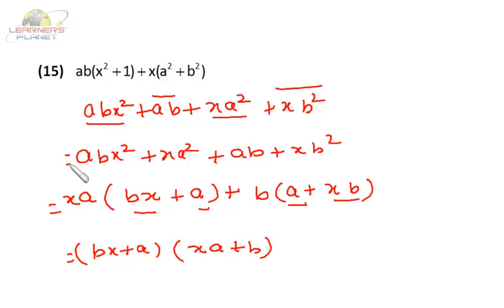Okay, so first of all, what we did, we simplified the bracket, then regrouped the terms according to our convenience, and it may be a hit and trial also. You can change the grouping also, and finally we got the answer.